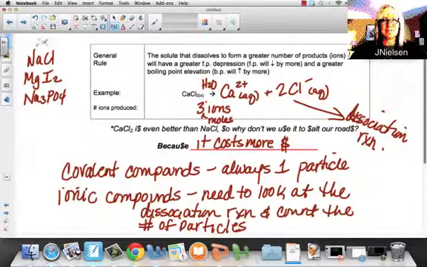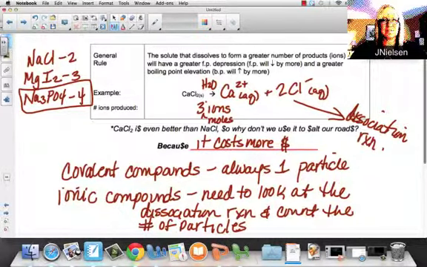So which one of these would effectively have the greatest impact on boiling point elevation and freezing point depression? Well, right away you can see this is 2 ions. This is 2 and 1, this is 3, and this is 3 and 1 PO4, which is 4. So this one would have the greatest effect on freezing point depression and boiling point elevation.